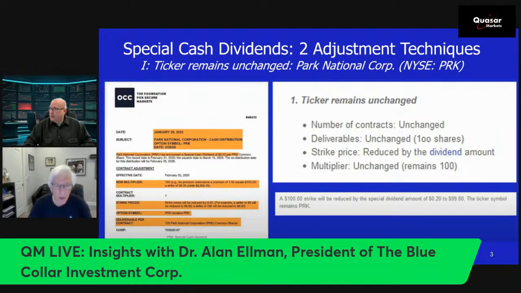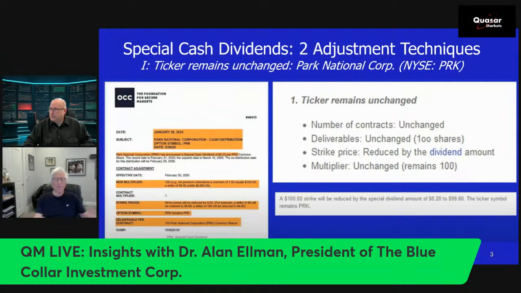On the right side, I summarized the changes that were made and weren't made. So the ticker symbol remains unchanged. The deliverables remain unchanged. Every contract is 100 shares. The strike price is reduced by the dividend amount.